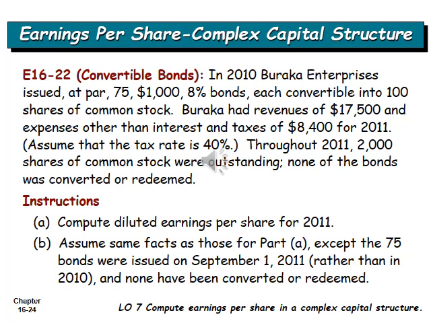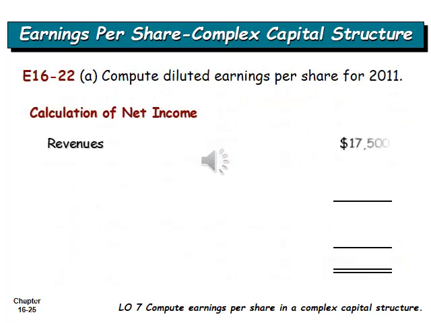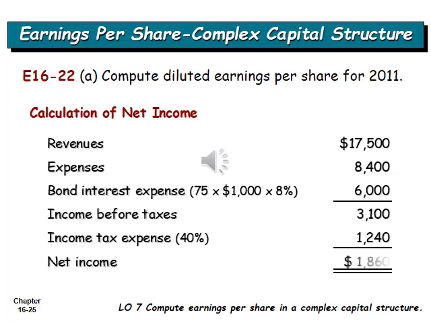In this case, we need to determine the diluted earning per share for 2011, and second, we will assume that the bonds were issued on September 1st, 2011. Now, in order to determine the diluted earning per share, we will calculate first the net income.